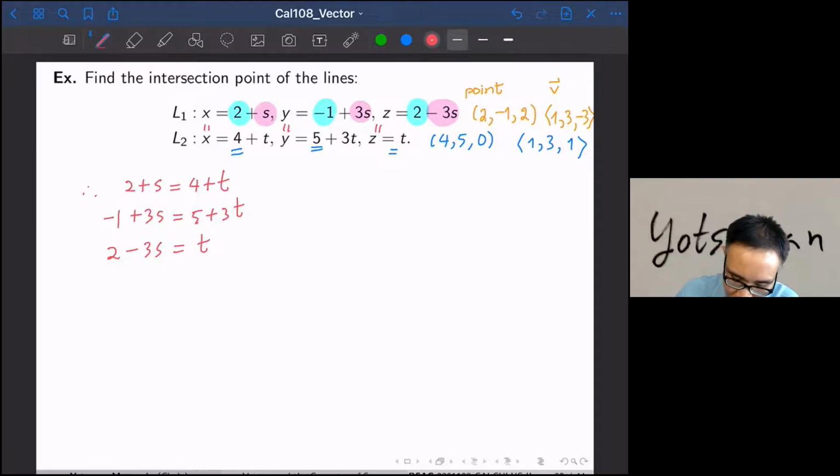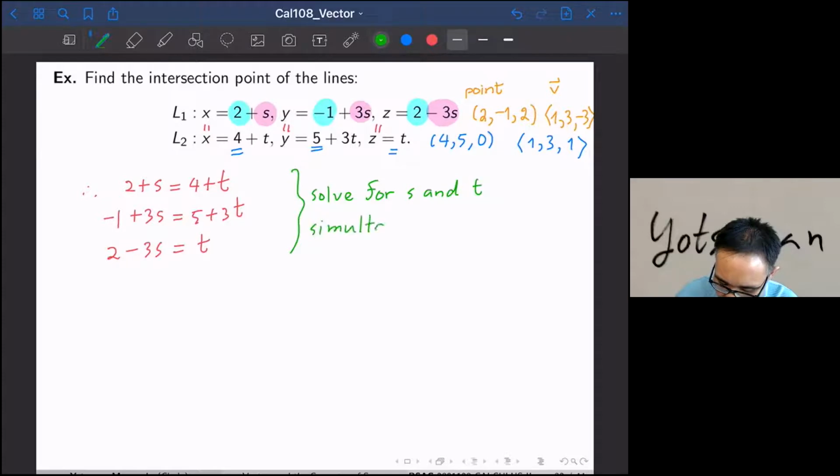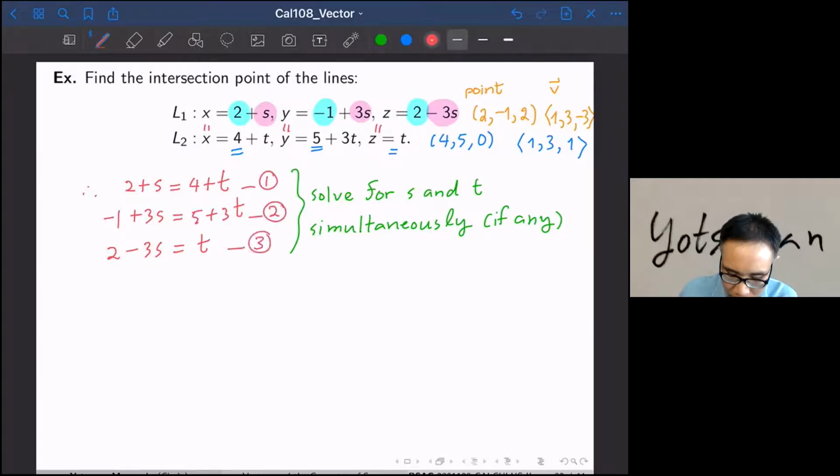So we're going to solve for s and t simultaneously, if there is a solution. If you have no solution, then you say they do not intersect. So we have the first equation, the second equation, and the third equation.